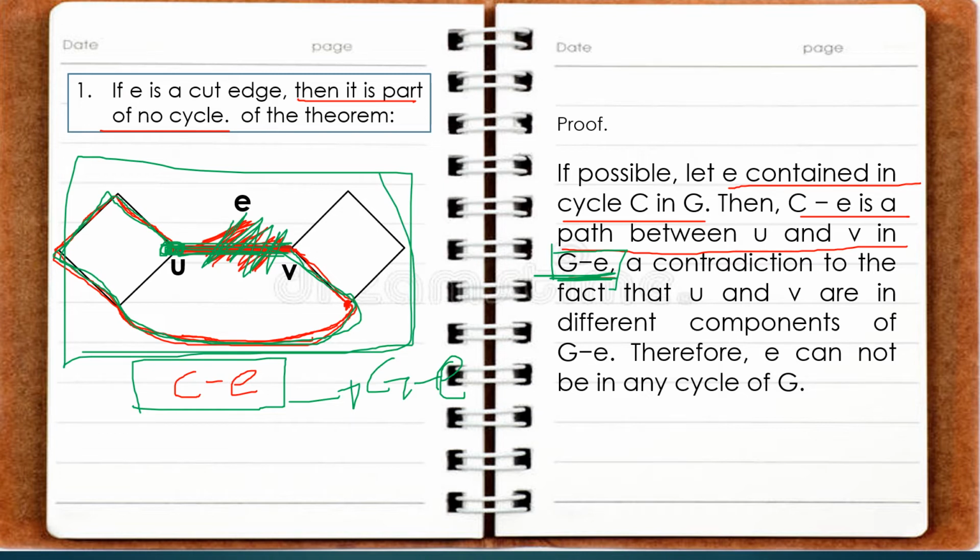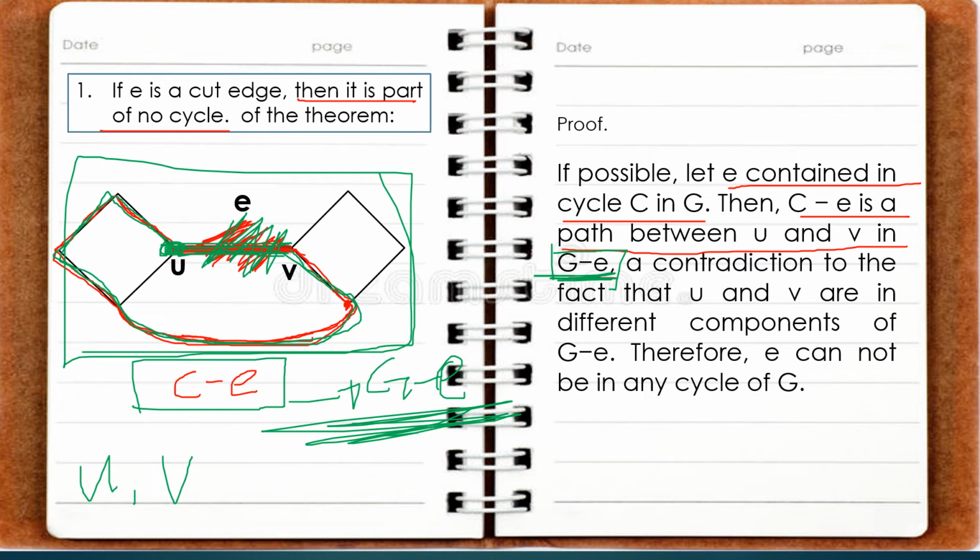So G minus E. However, we have discussed at the beginning of the proof that in G minus E, the vertices U and V are in two different components.